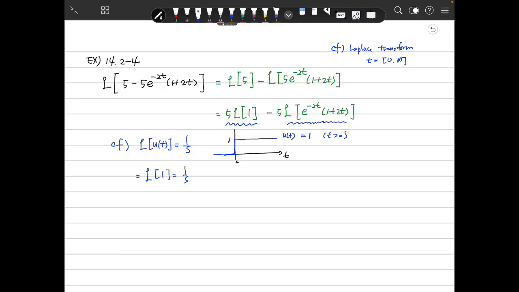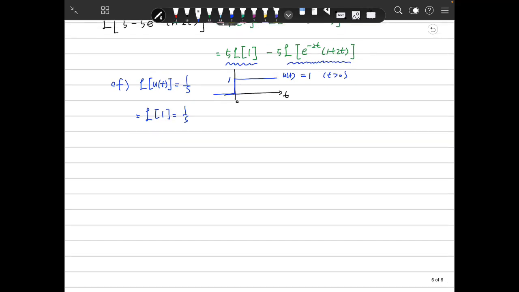Next is this term. How can we solve this? Let f(t) be 1 plus 2t. Then exponential minus 2t times (1 plus 2t) is represented as exponential minus 2t times f(t).